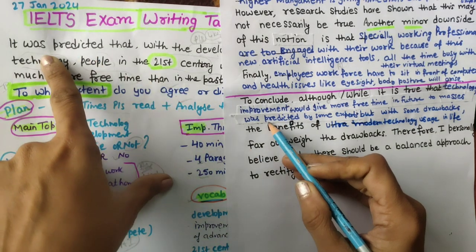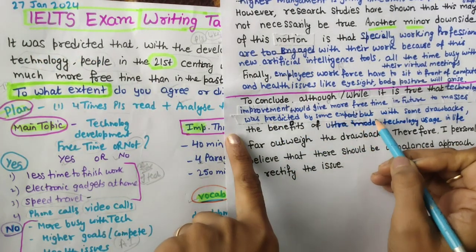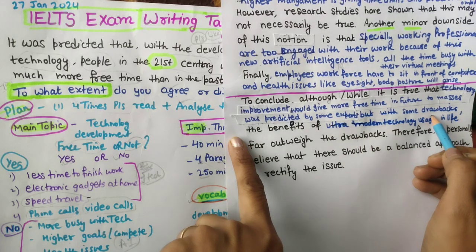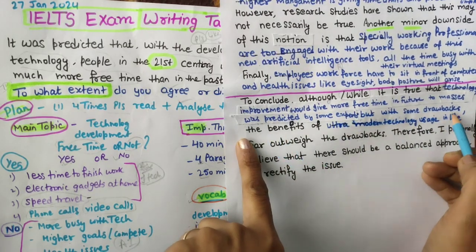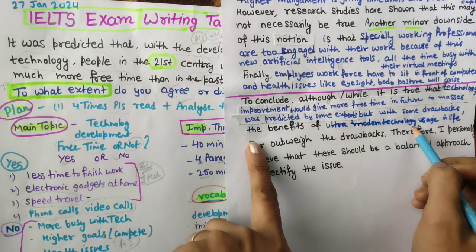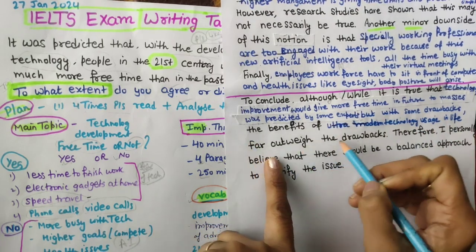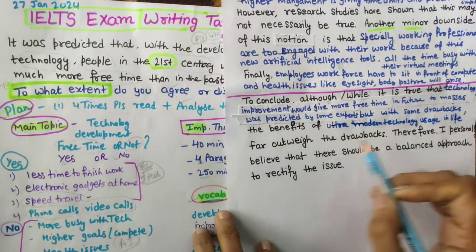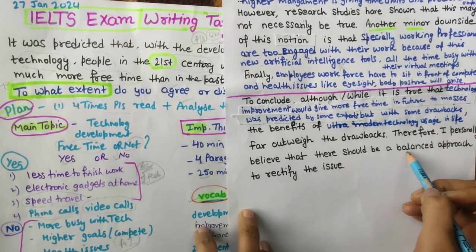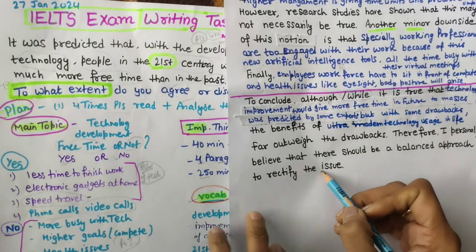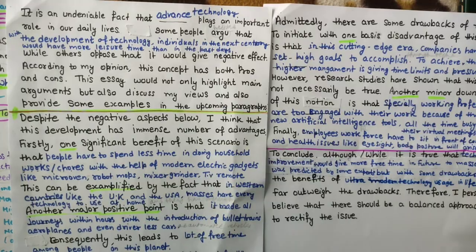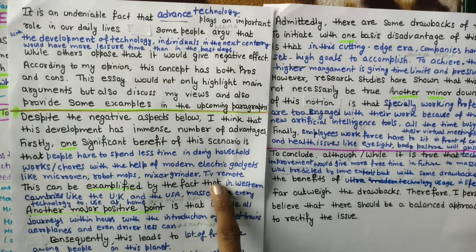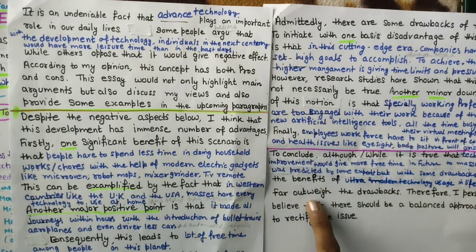So here it is given was predicted by some experts, but with some drawbacks. Okay, now comma is there. The benefits of ultra modern technology usage in life far outweigh the drawbacks. Therefore, I personally believe that there should be a balanced approach to rectify the issue. See this, my full essay. Introduction, body paragraph 1, body paragraph 2 and conclusion.